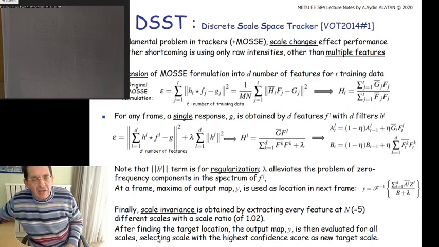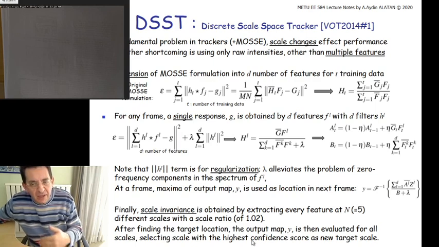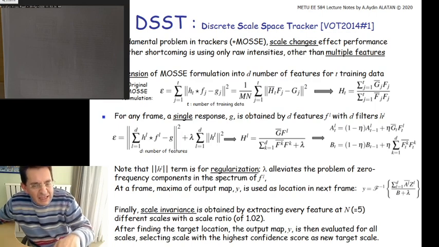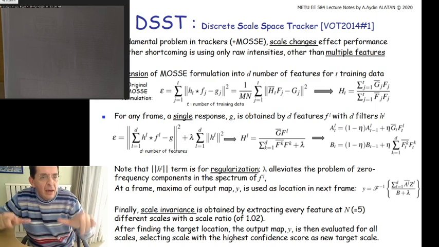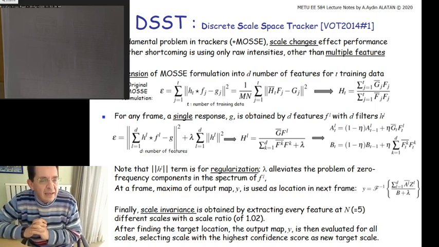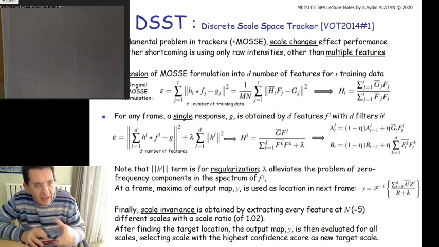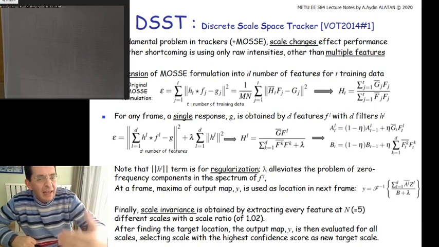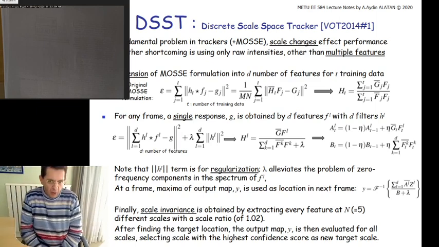We look at the highest confidence, the highest response, and we say that scale is my correct scale. Therefore, if my current bounding box is 100 by 100, in the next frame it will be 102 by 102 because this is the correct scale. Let me continue from this point.